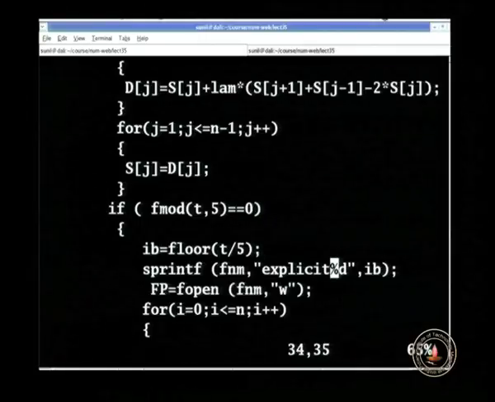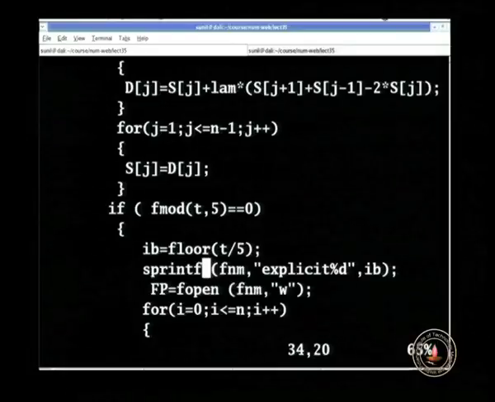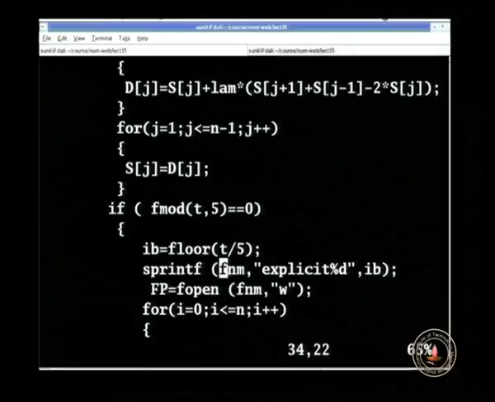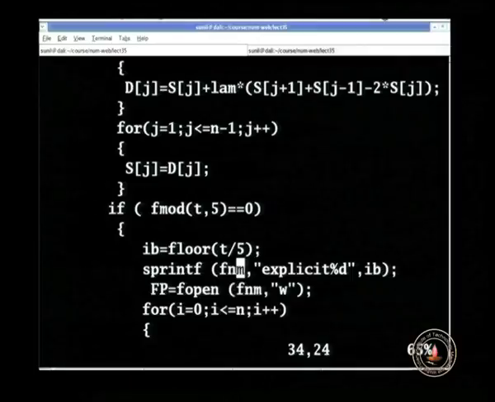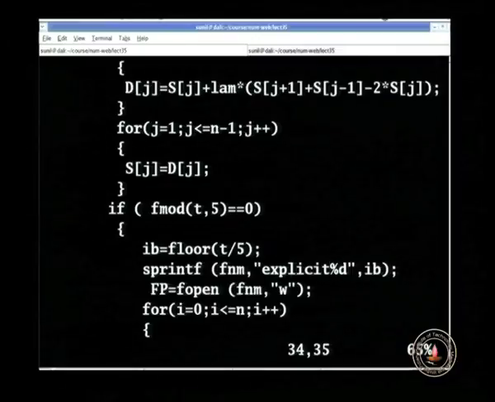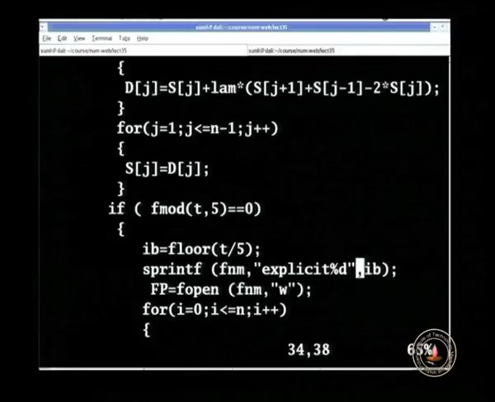I can use this function, which you may not have seen before. This is called sprintf. I have a character string here, and into this character string I am putting a name for a file. The name of the file is explicit and a number, and the number is given by IB. The %d is given to put the number here.